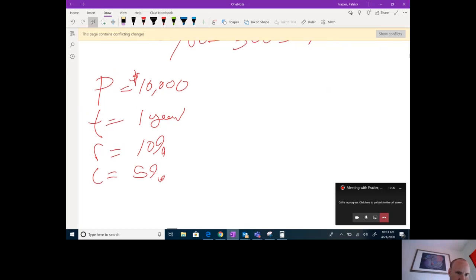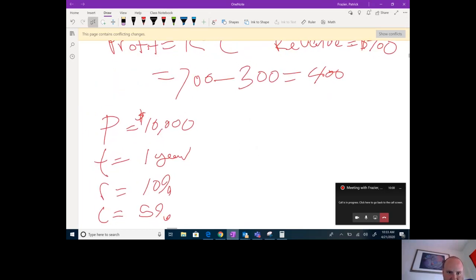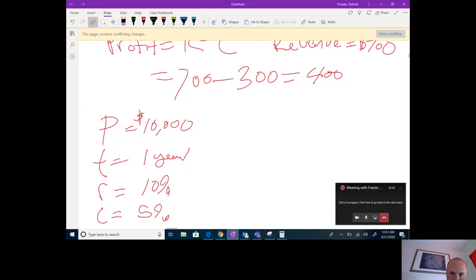In order to figure out what the effective interest rate is, we're going to take the nominal interest rate. So the nominal interest rate, N, would be equal to 10% of the principal, which would be 0.1 times $10,000.